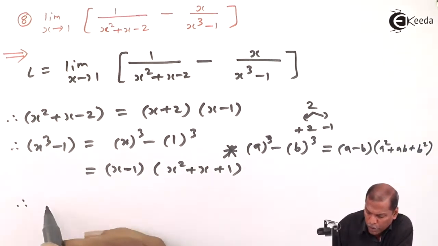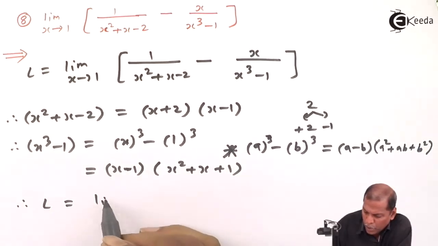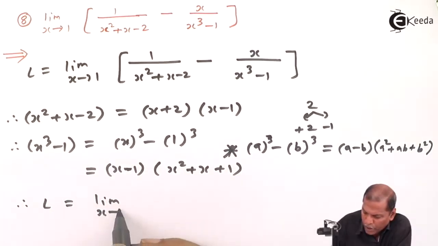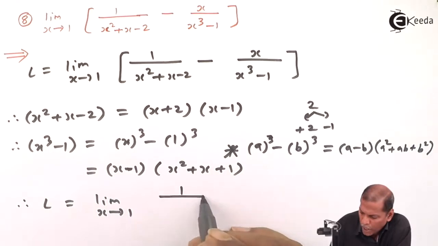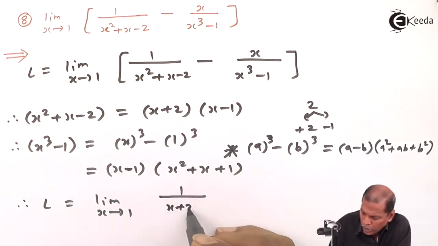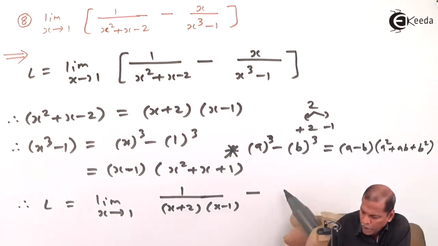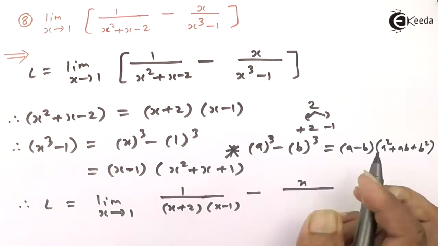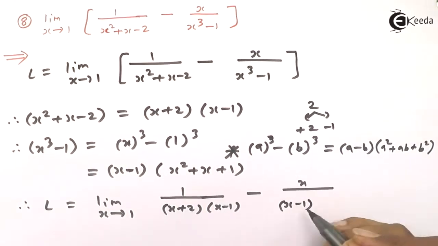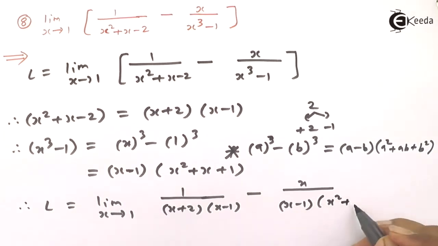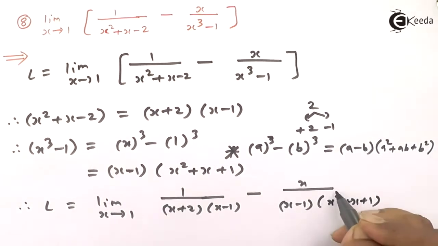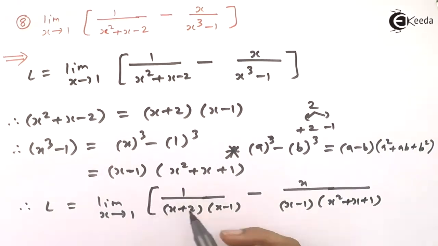So our question becomes L is equal to limit x tends to 1 of 1 upon x plus 2 into x minus 1, minus x upon x minus 1 into x square plus x plus 1.